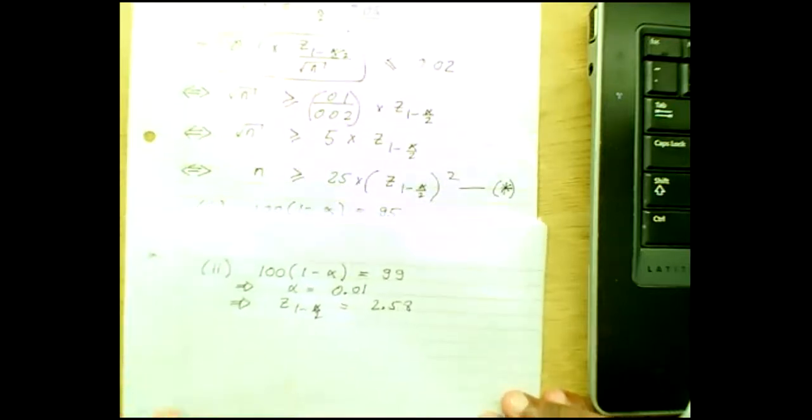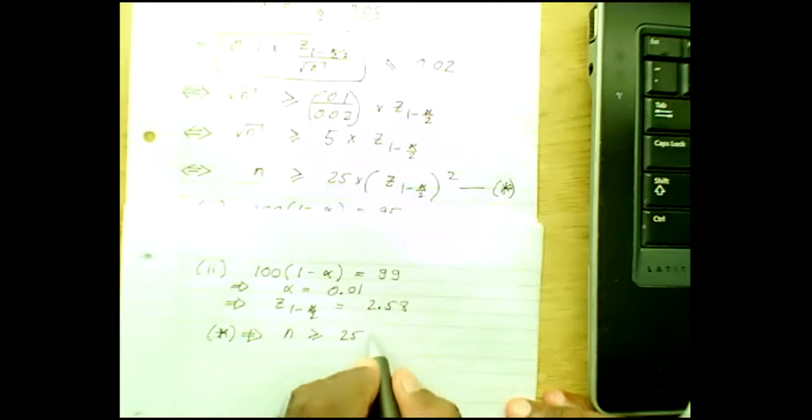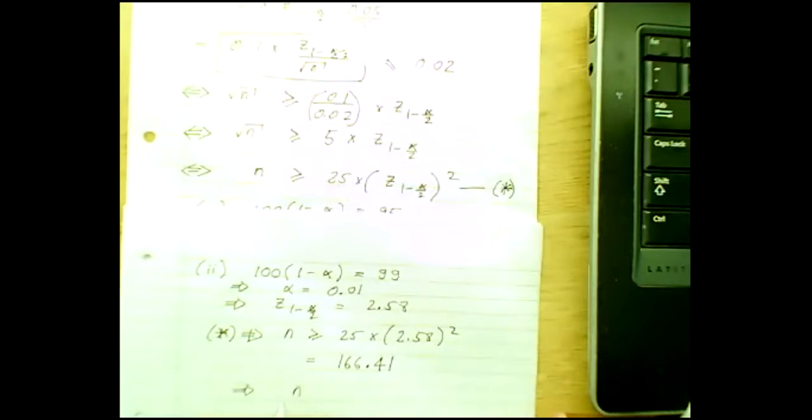Once again, from star, n must be greater than or equal to 25 times 2.58 squared, which works out to 166.41. Since n must be an integer, this is the same as saying that n is greater than or equal to 167.